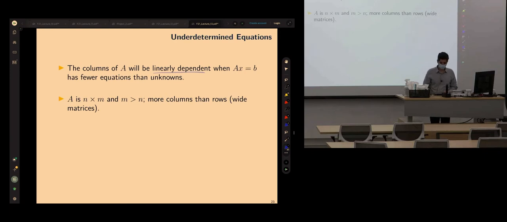So the columns of A end up being dependent because of this wide structure of the matrix. We have more columns than rows.